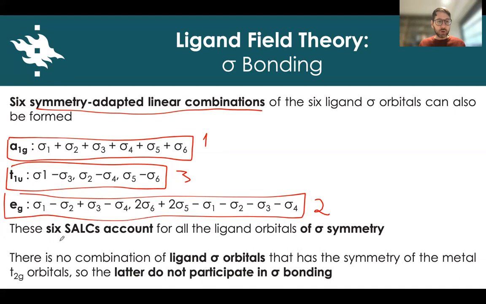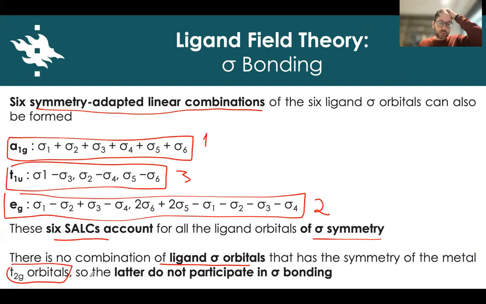So we have a total of 6 symmetry adapted linear combinations of the 6 ligand sigma orbitals, and these are all the combinations possible for sigma symmetry to participate in the sigma bonding. And in this case, there is no combination of ligand sigma orbitals that is possible to match the symmetry of the t2g orbitals of the metal.